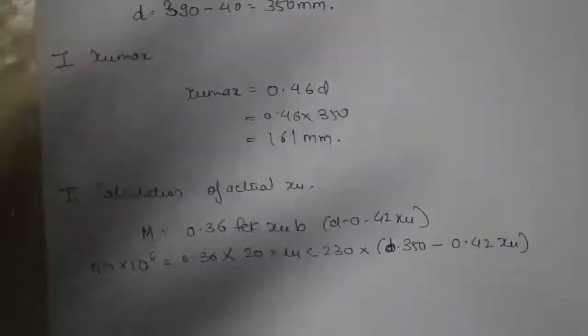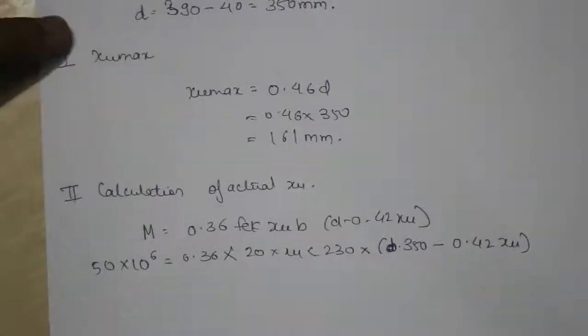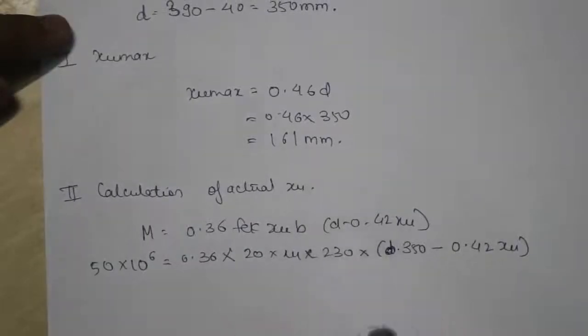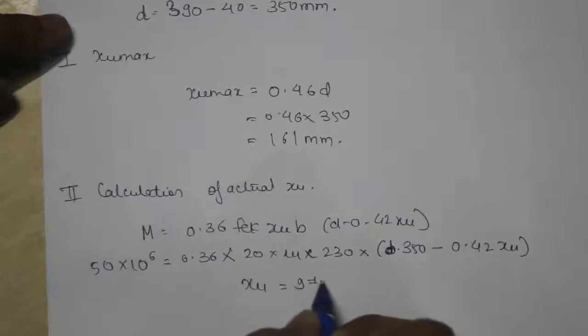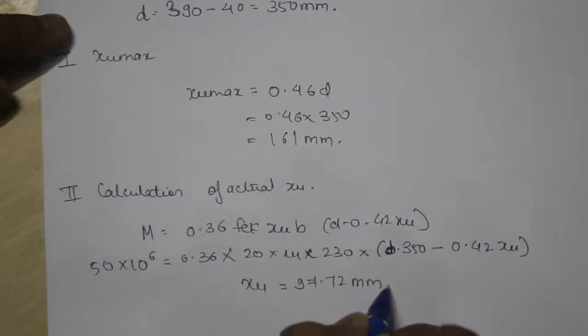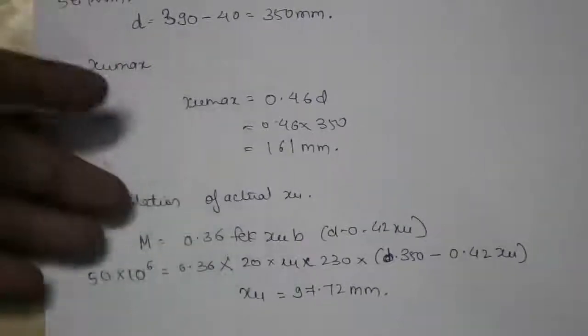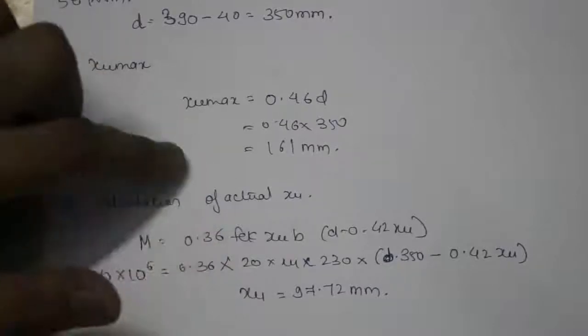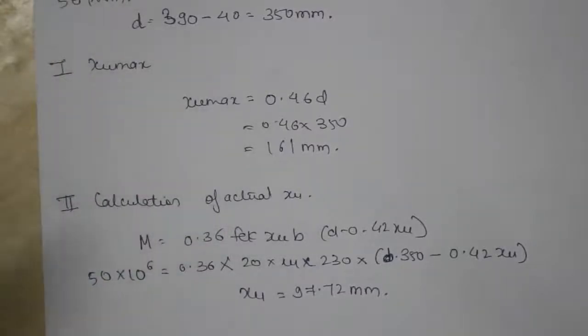So everything is in place except xu, so if we solve for xu, the xu value would be 97.72 mm. So we can clearly see the value of xu is less than xu max, so this beam is an under reinforced beam.